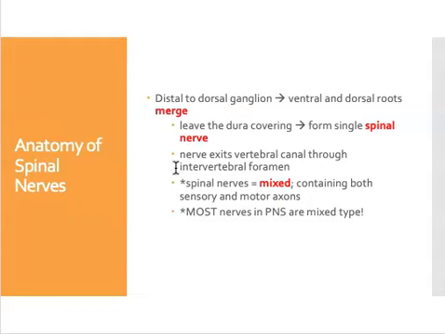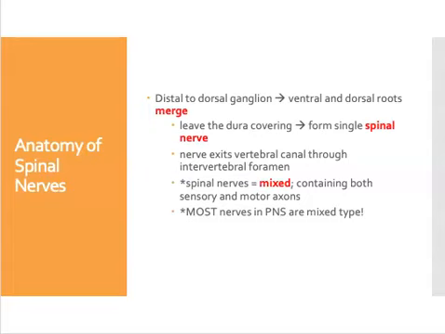At this point, this spinal nerve and all spinal nerves are mixed. Remember, we said a mixed nerve contains both sensory and motor axons. The sensory axons are the ones that are heading towards the spinal cord in the dorsal root.